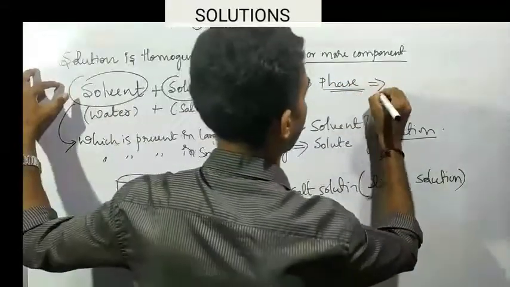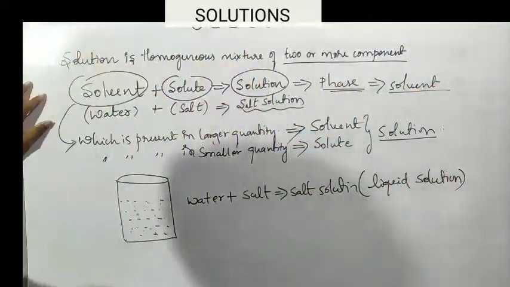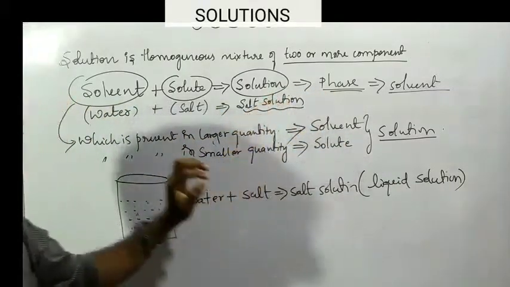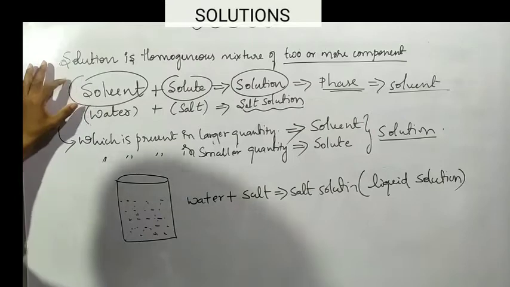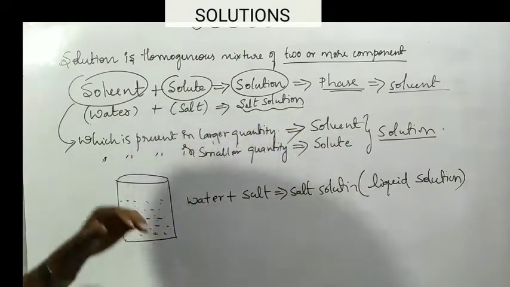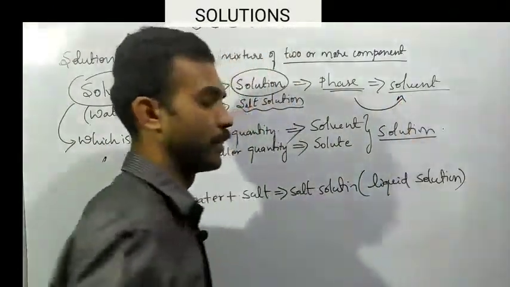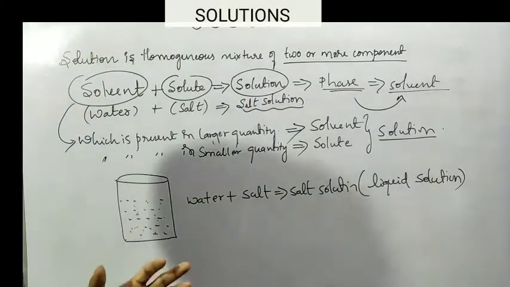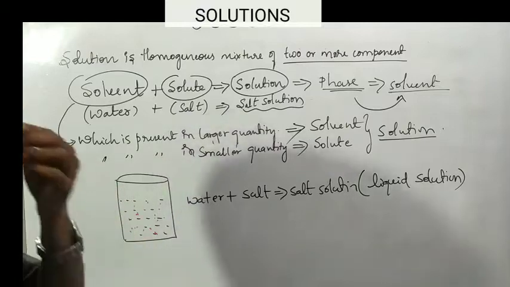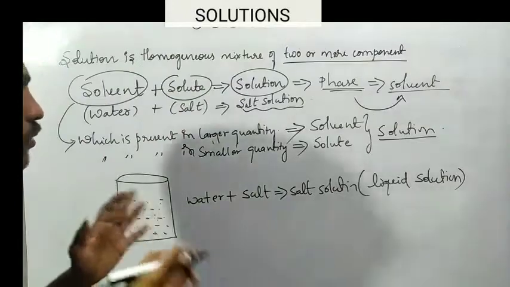Solvent. So what is present in larger quantity? That forms the phase of the solution. Solvent is nothing but what is present in larger quantity. Hence the phase of the solution comprises the solvent. Whatever the state of the solvent, whether it is liquid, solid or gas, based on that you can say the solution phase.